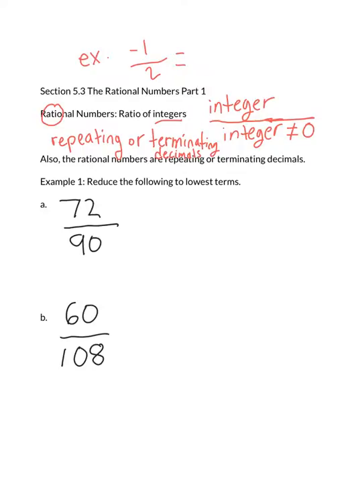If I take -1, that integer, that non-decimal number, and I divide it by another integer, 2, that is a rational number because I have an integer divided by an integer. It's also a rational number when I look at the decimal it produces, because -1 divided by 2 on the calculator is going to come out to be -0.5. So this is a decimal that ends. It's a decimal that terminates.